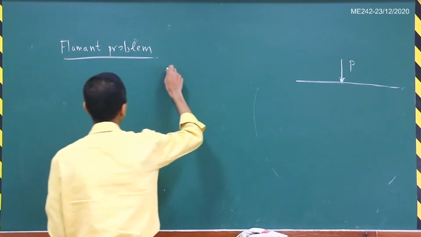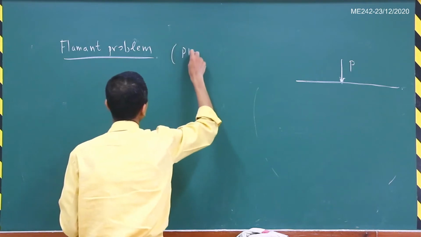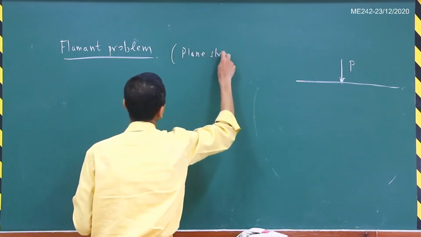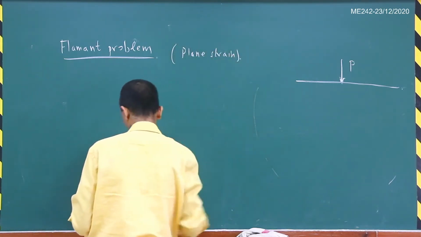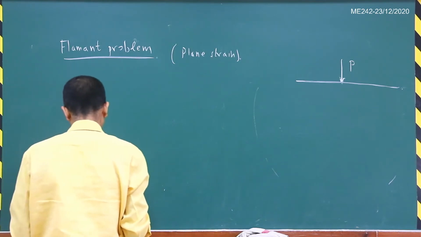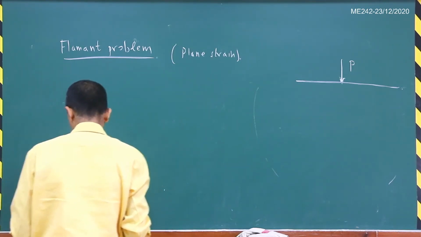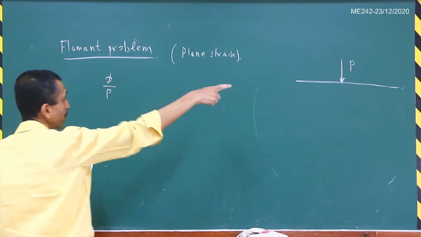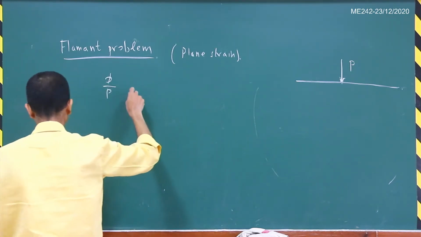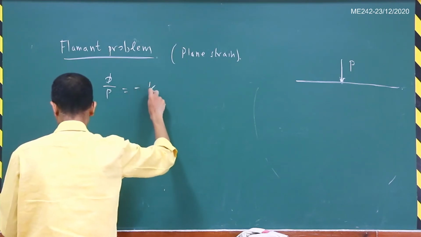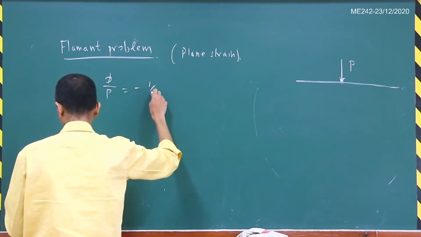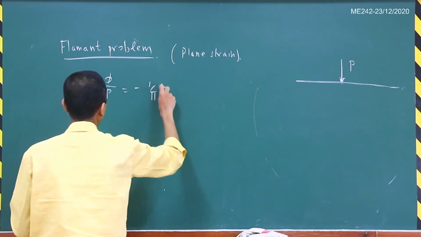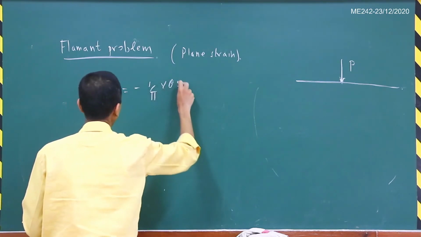Let us take plane strain. We will first solve the plane strain case. What you will get is that phi divided by P, where P is the load that is applied there, is equal to minus 1 by pi times r times theta times sine theta.